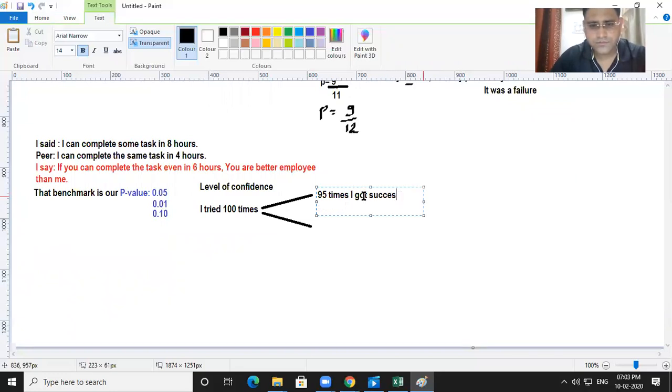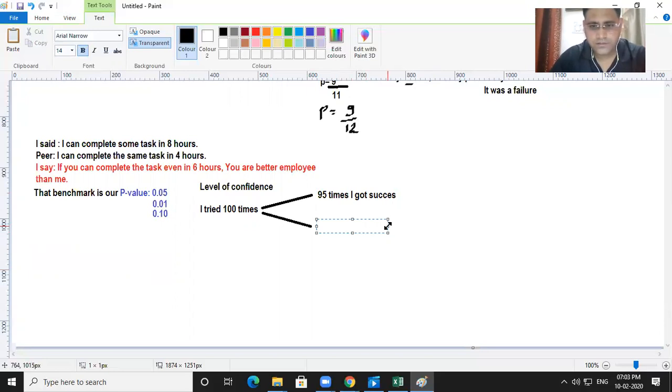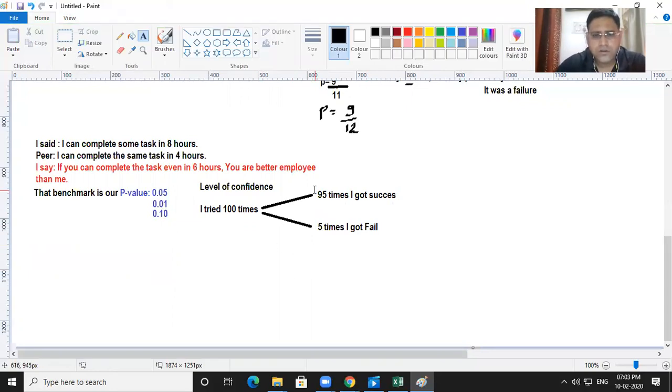And five times I got failure. So now my p value will be 95 by 100.